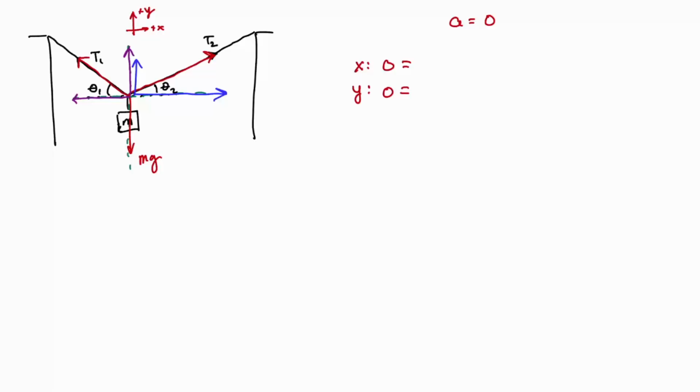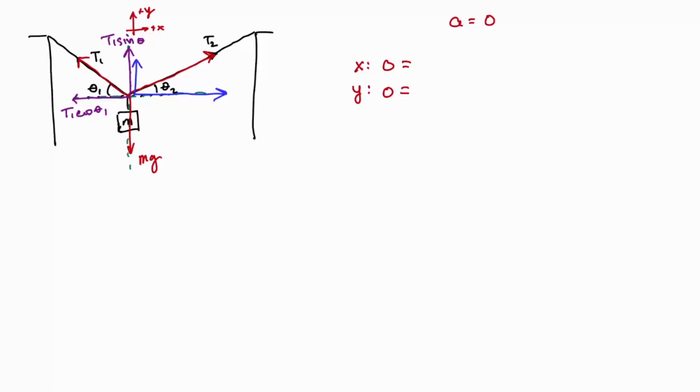Okay, so let's do the purple ones first. The one pointing to the left, the horizontal component, sine or cosine? Why is it cosine? It's touching theta 1. And what about the vertical one? Is it touching theta 1? No. So T1 sine theta 1.